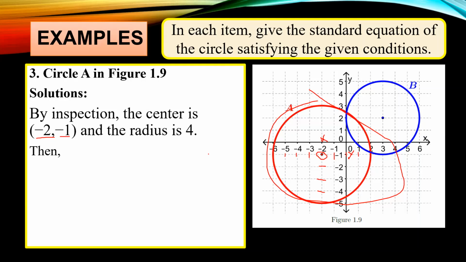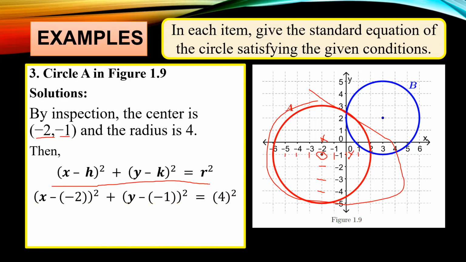So then, copy the entire standard equation of a circle: x minus h squared plus y minus k squared is equal to r squared. Next, substitute the given. We have -2 is h, -1 is k, and the radius, which is r, is 4.